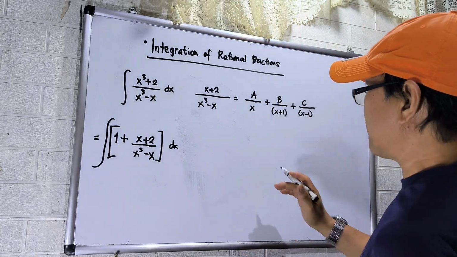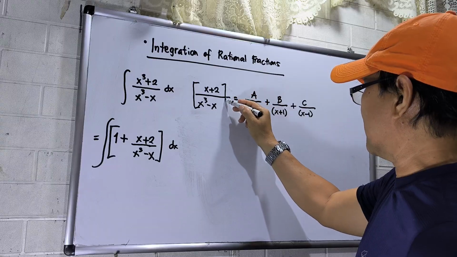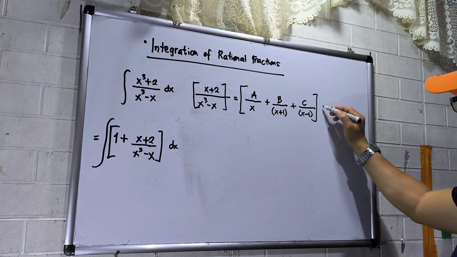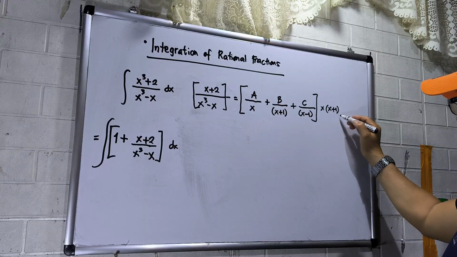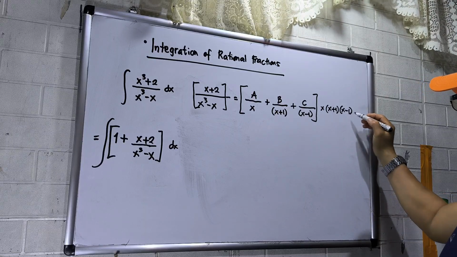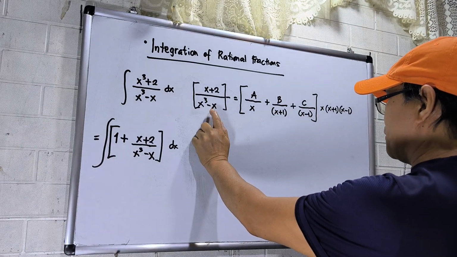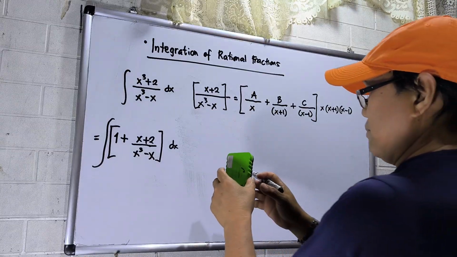Next, I will multiply both sides by the LCD, which is x times x plus 1 times x minus 1. If we multiply these three, we get x cubed minus x, so I have to multiply both sides.